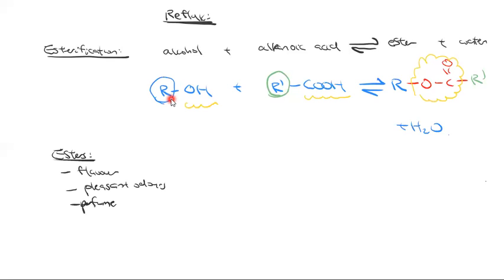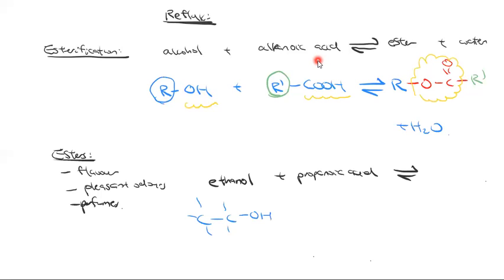A typical example of esterification: take some sort of alcohol, so let's go with, say, ethanol. And let's take some sort of alkanoic acid, let's say propanoic acid. And then they'll react. Now, ethanol is, of course, your primary alcohol like so. And then it will react with propanoic acid.